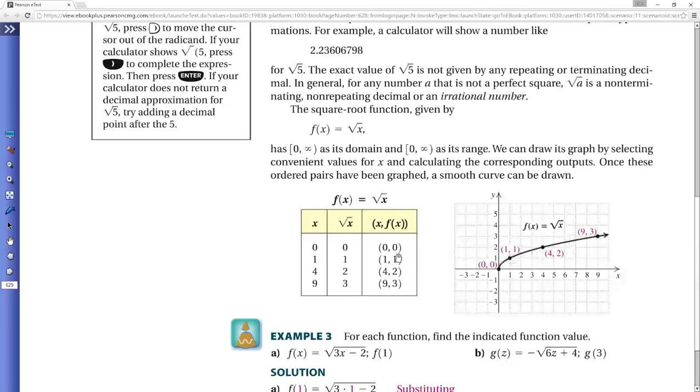But if I didn't have a principal square root and I said that f of x squared equals x, I would end up with this and this kind of thing, or it would not be a function. Or y squared equals x would be a better way to say that.